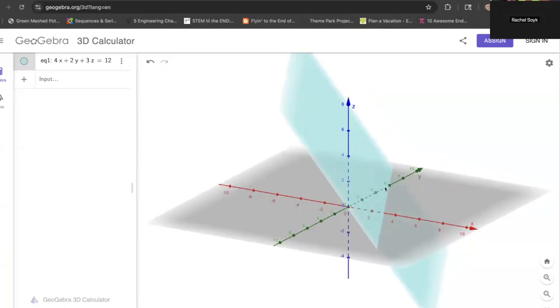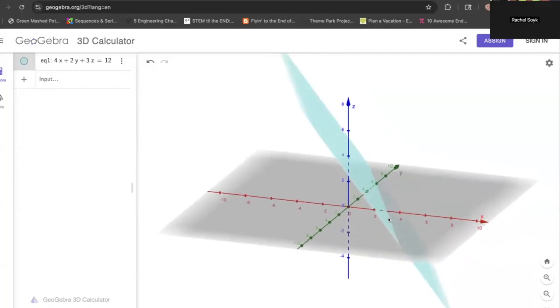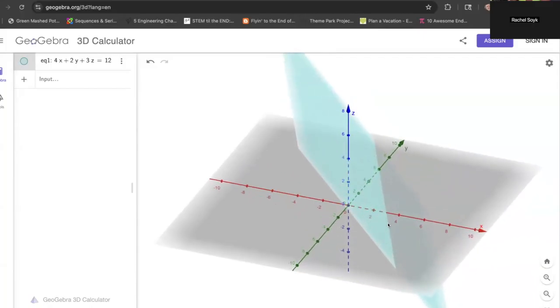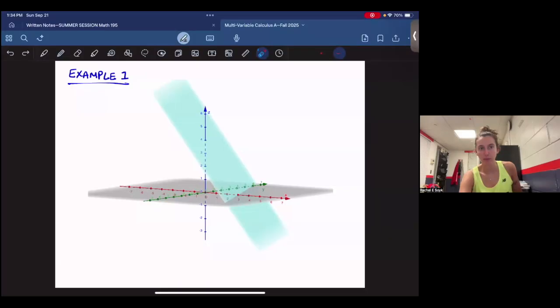So these are all the intercepts that form a triangular region, but you really can't see that triangular region formed that well here. But yeah, all right. Okay, so let's move on to our second example.